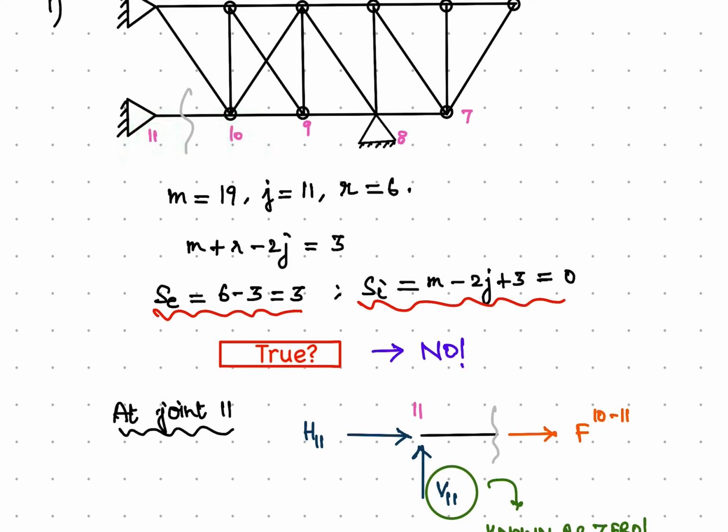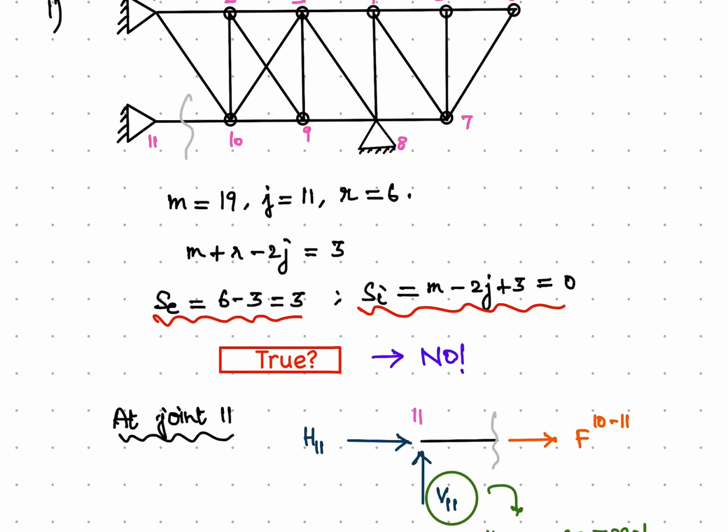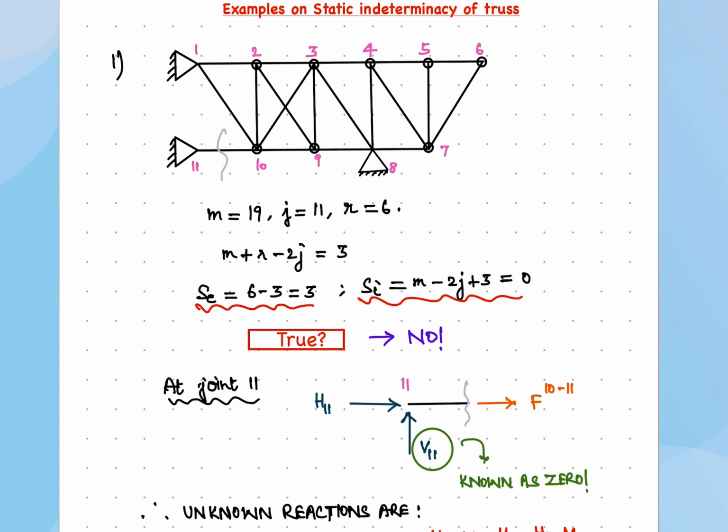Okay, so if we cut across like this and draw the free body diagram for this particular portion, this is what we see here, wherein the force in this member is represented by this F10-11, which connects joints 10 and 11. And then the support reactions that develop at this joint 11 are indicated by H11 and V11.